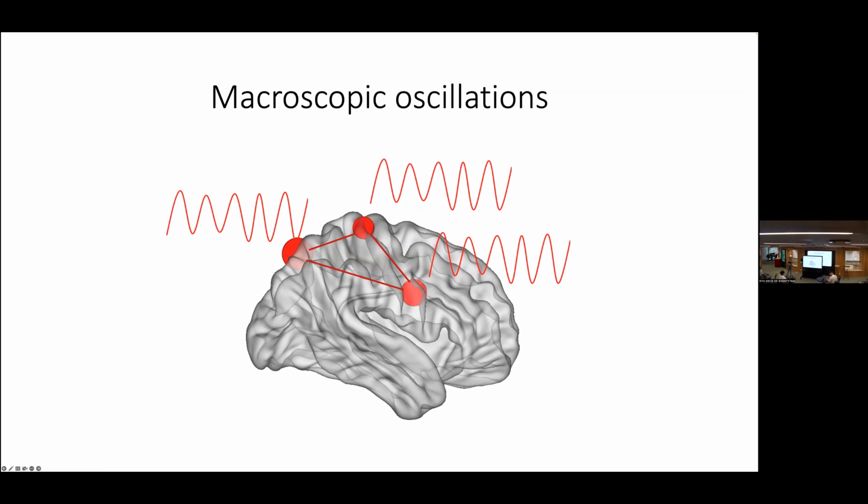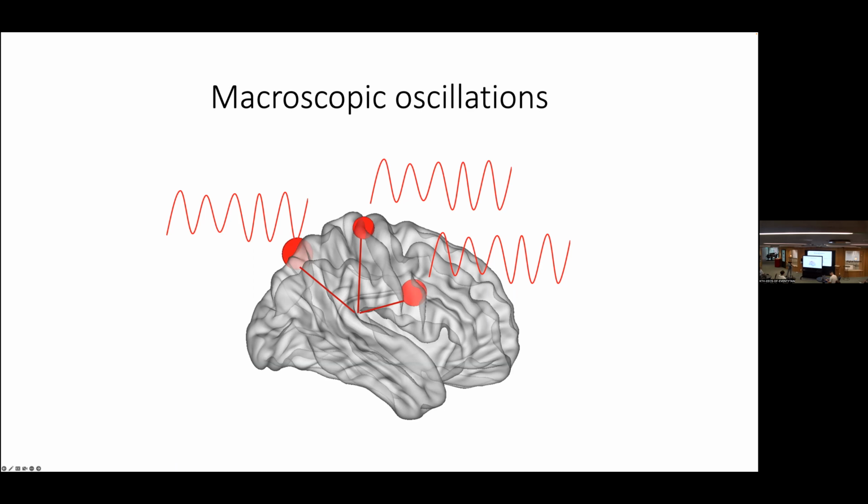But it doesn't need to be cortical connections. We can also have connections to deeper structures in the brain, like the thalamocortical loop, for example. And it seems like the longer the time delay between these populations, the lower the frequency of the synchronized network.